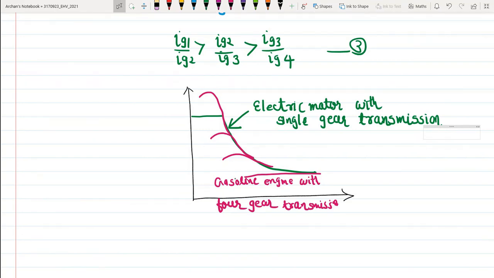Let us say maximum speed, acceleration performance, as well as gradability of the vehicle in terms of vehicle performance. And this is what matters to us whenever we are designing a good electric vehicle. At that time, these parameters must be taken into consideration.